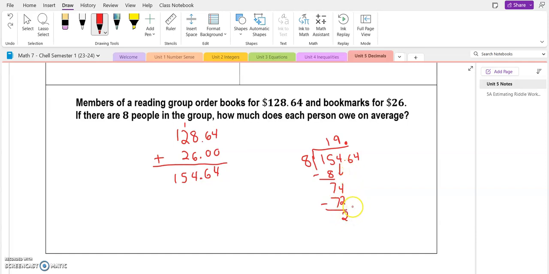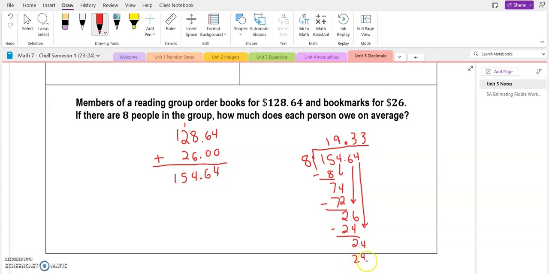Bring down our 6, a little too far. 8 can go into 26 3 times. And 8 times 3 would be 24, which gives you 2 left over. Bring down the last 4, and 8 can go into 24 again 3 times.